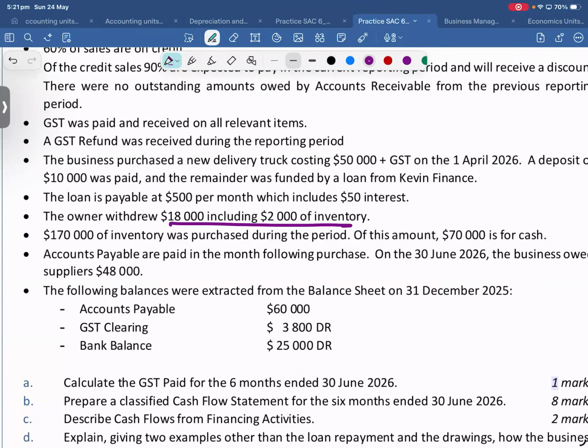Okay, next one, guys. 170,000 of inventory was purchased during the period. Of this amount, 70,000 is for cash. So 70,000 is cash, plus 10% GST.